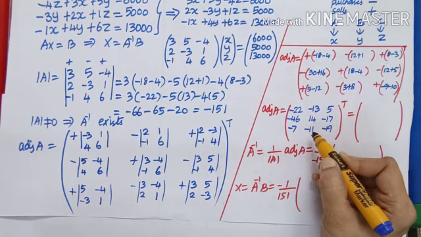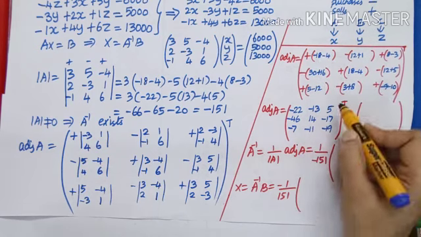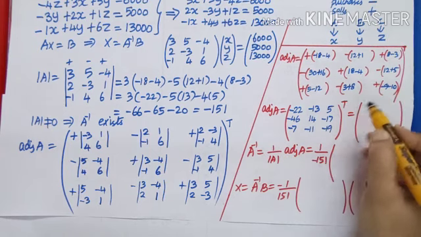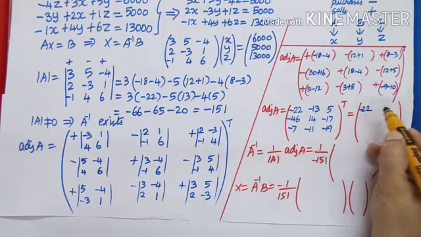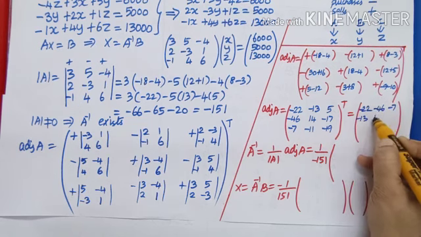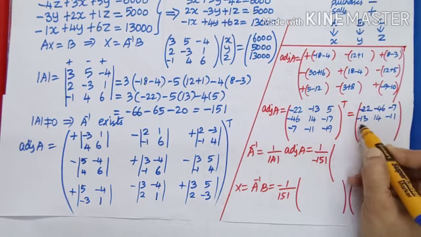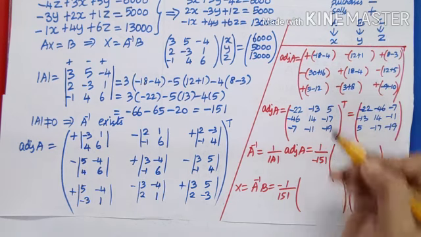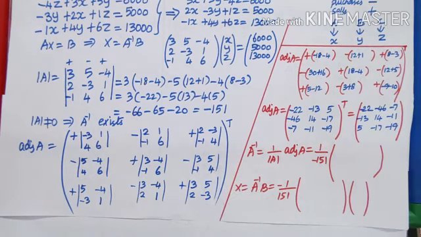Now as we simplify, we get adjoint, the matrix, the whole transpose. Transpose tells me to interchange rows and columns. So minus 22, minus 46, minus 7, minus 13, 14, minus 11, 5, minus 17, minus 19. The next step is to proceed with A inverse.